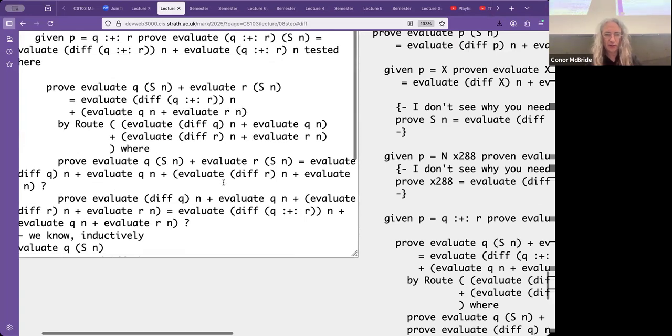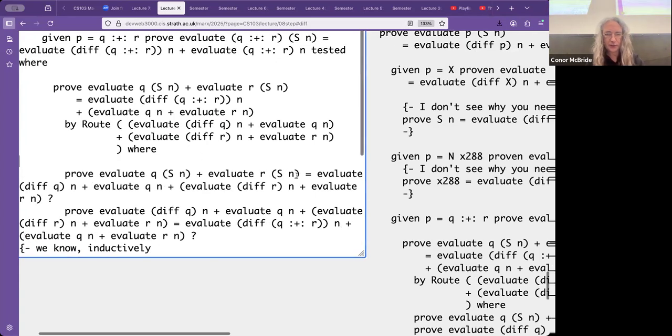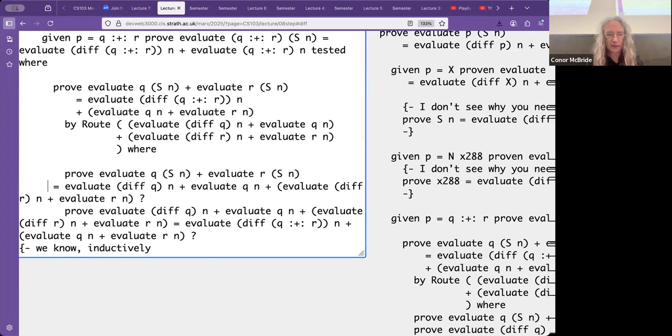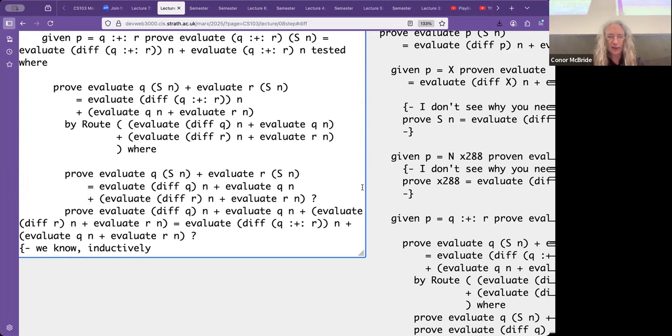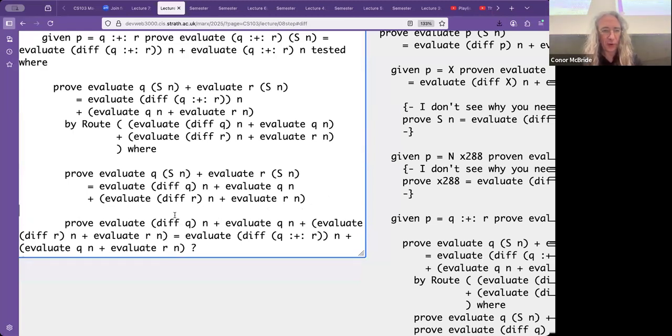Again, I'll just try and pull this out. Okay, so you can see that our first sub-goal, from the left to the middle, is indeed something that is directly coming from the induction hypotheses, which is how we chose it, and which will follow by under plus.